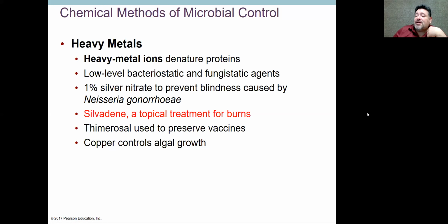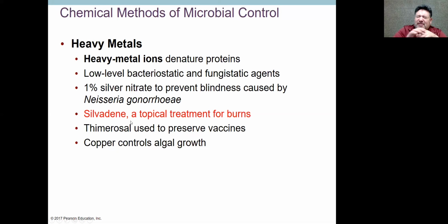Okay, so here it is again. Okay, 1% silver nitrate being used prophylactically on the infant, and again, it saves the infant from a life of blindness.